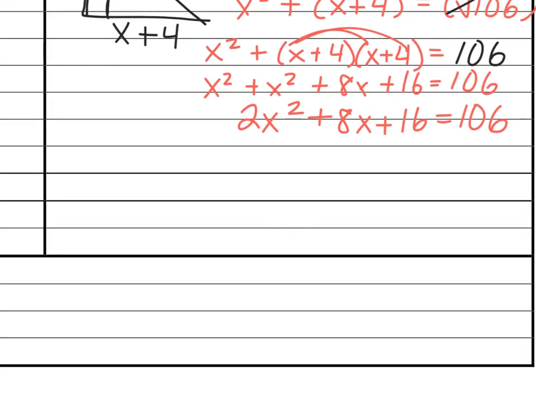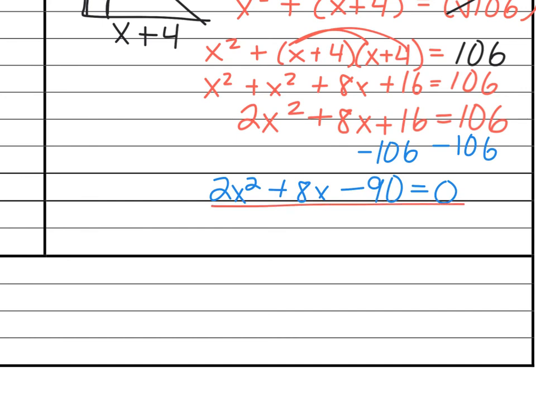Pierre? Yep. See, it didn't leave you for very long. You're going to solve the quadratic. So 2x squared plus 8x minus 90 is equal to 0. Now, do you have a GCF? Yeah, so I would just divide everything by 2.